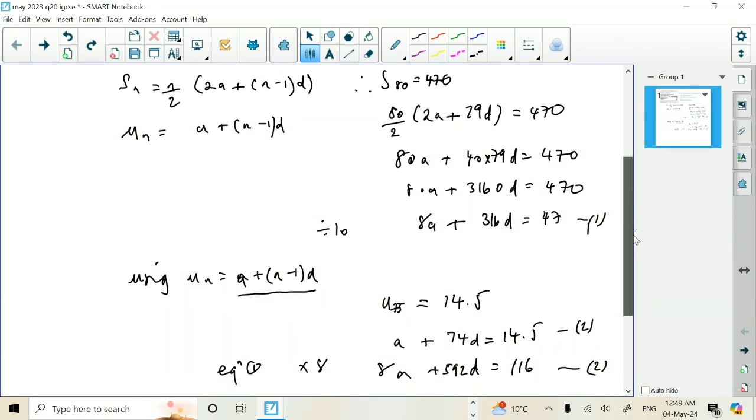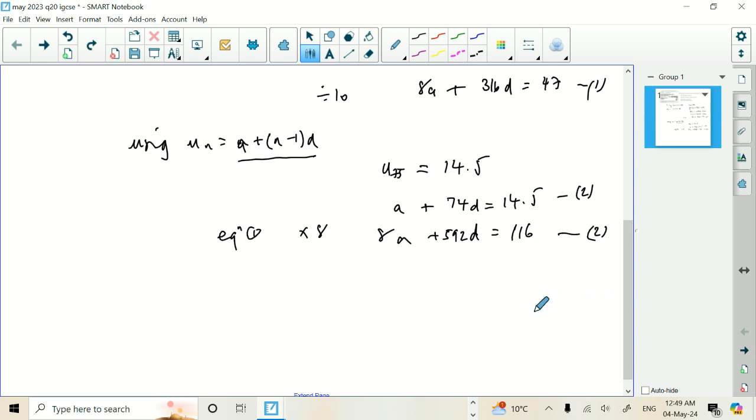What do you do now? Well, you're going to solve simultaneously. So if I just write out solving simultaneously, excuse my writing, I've got 8a plus 592d.